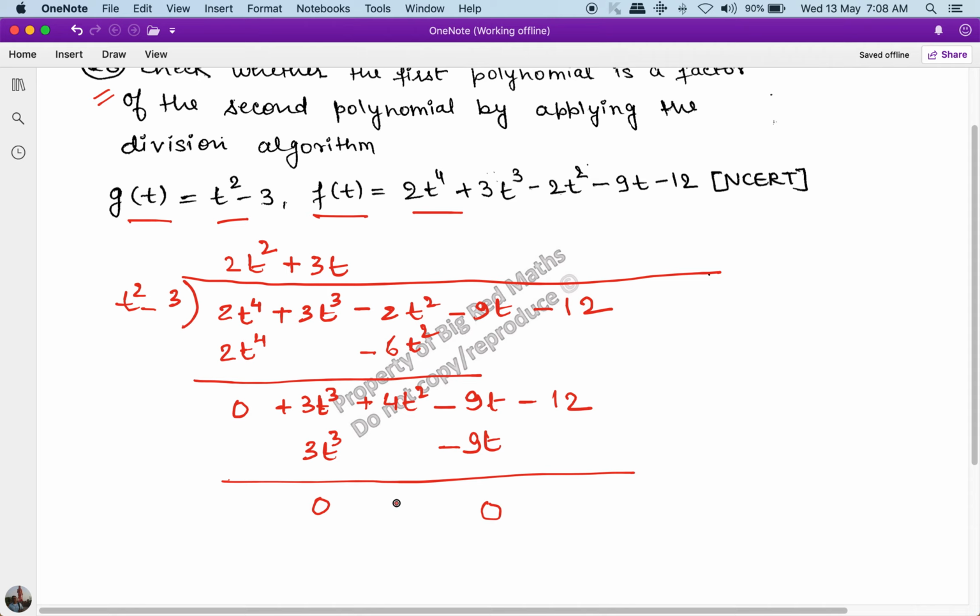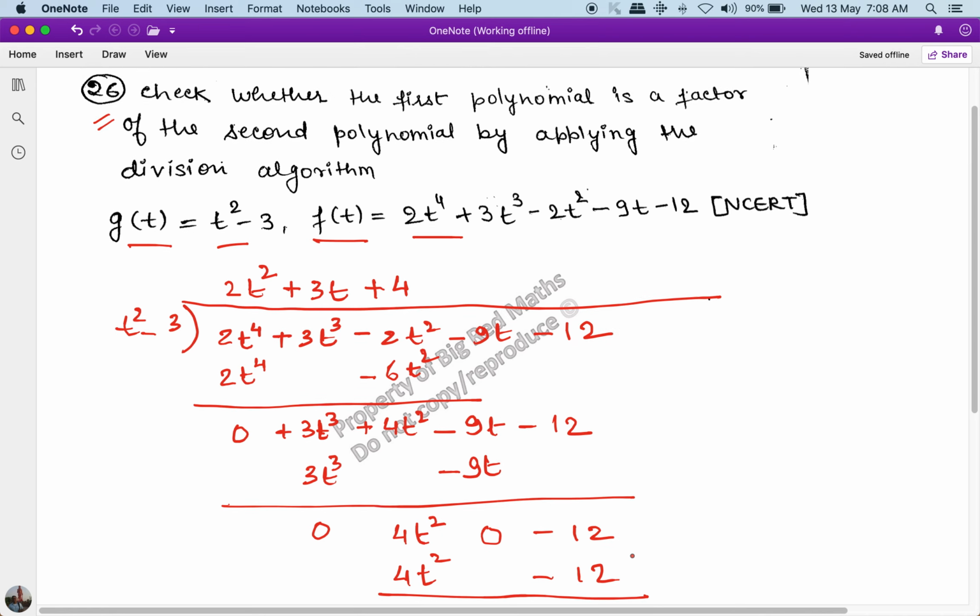I am left with plus 4t square and minus 12, and when I multiply this with plus 4, I get 4t square minus 12. Now look at this. This becomes 0 when I subtract, and this becomes 0 when I subtract.